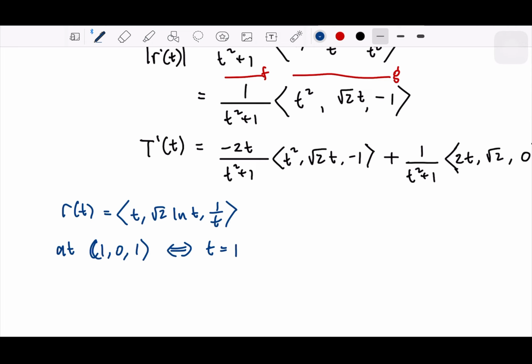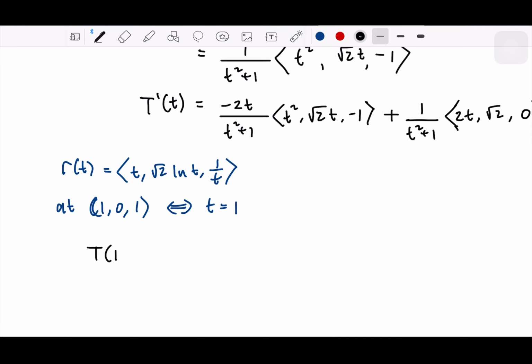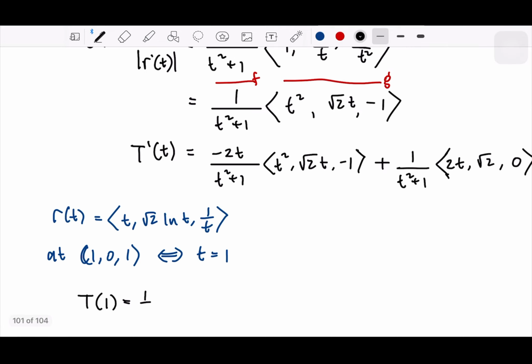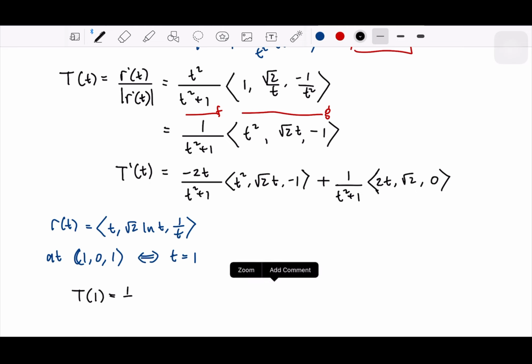So our t is equal to 1, so we can put in the values. T will be half of (1, square root of 2, negative 1).